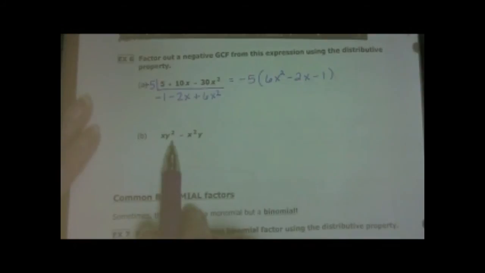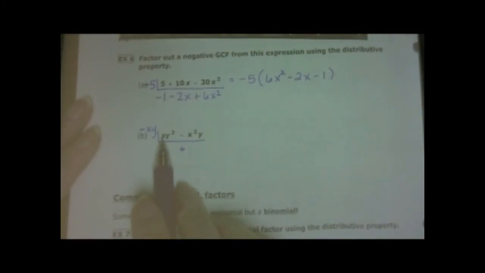All right, this particular one, I want to factor out a negative because the directions tell me to do that. My smallest power of x's is 1x, so negative x. And my smallest power of y's is 1y, so I'm going to take out 1y. When I do that, this part of my answer will be negative, this part will be positive because both change sign.